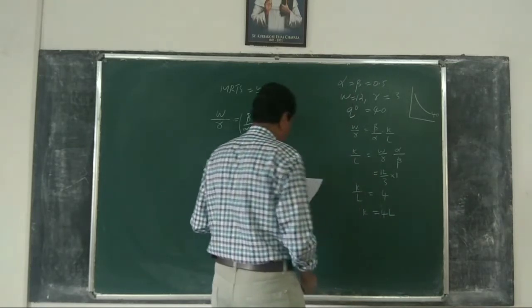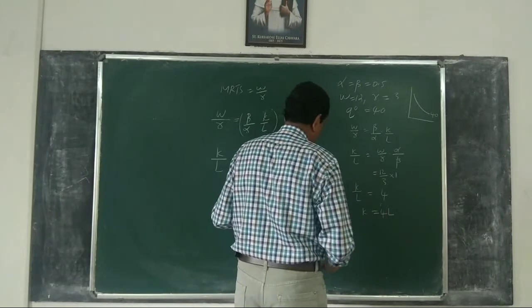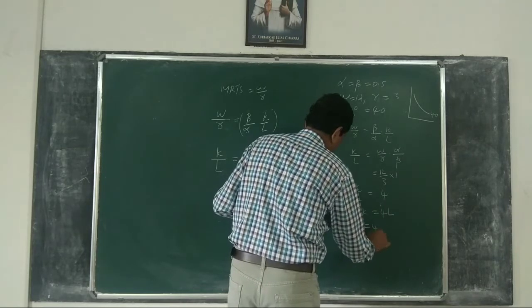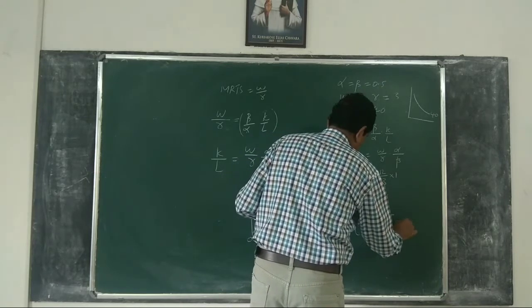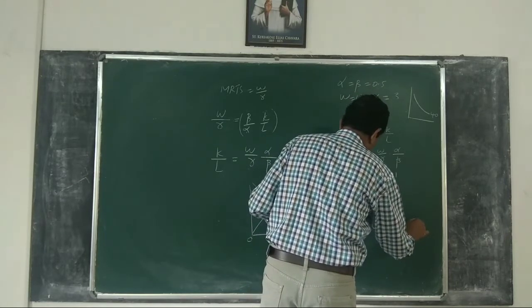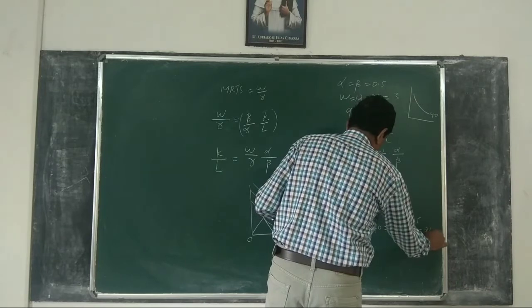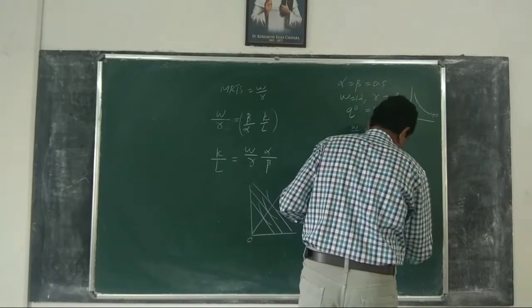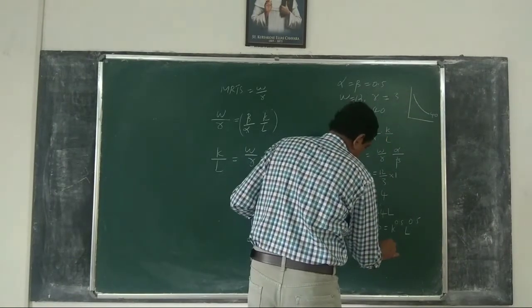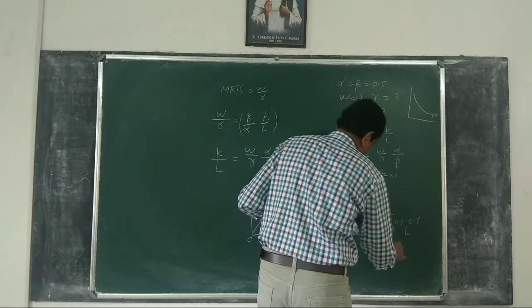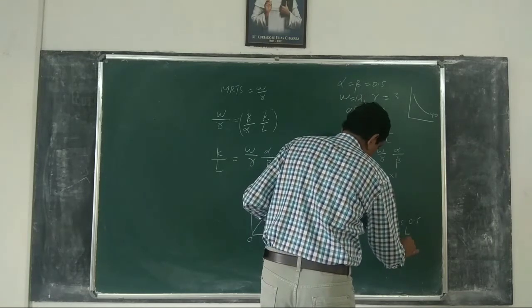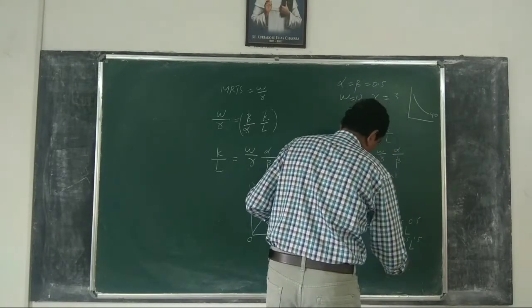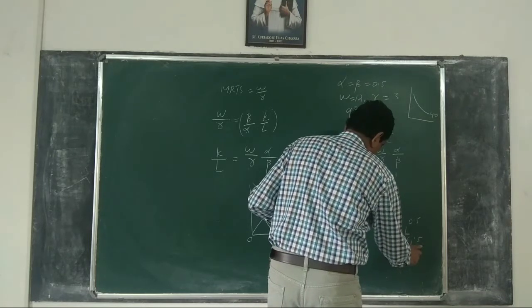And if you substitute this value in the production function, Q0 equal to 40 is equal to K raised to 0.5, L raised to 0.5. With K equal to 4L, we get 4L raised to 0.5 times L raised to 0.5, which is 4 raised to 0.5 times L raised to 0.5 times L raised to 0.5, that is 2L.